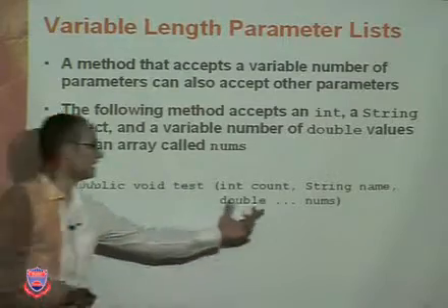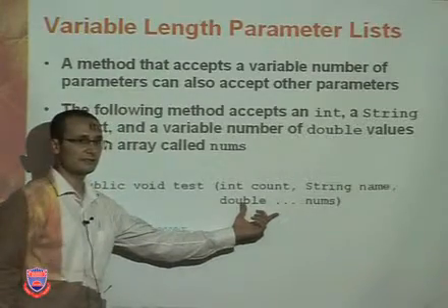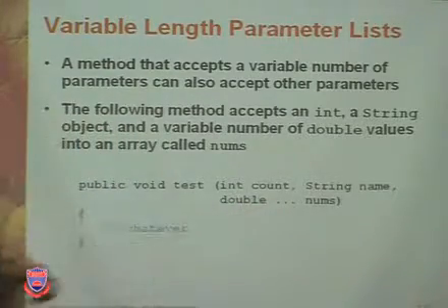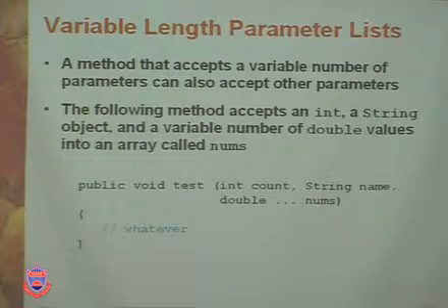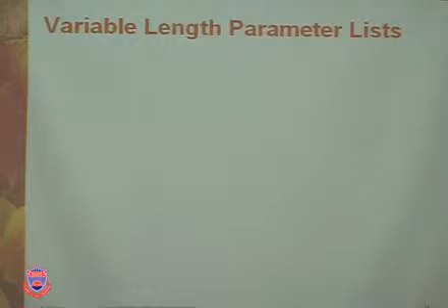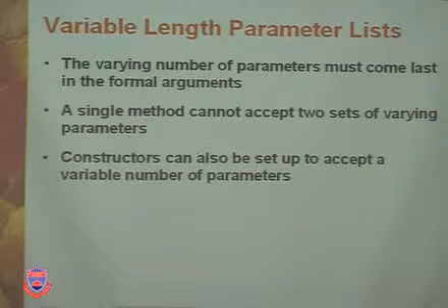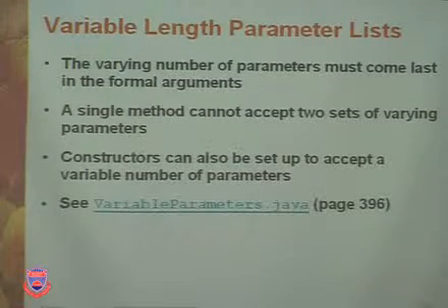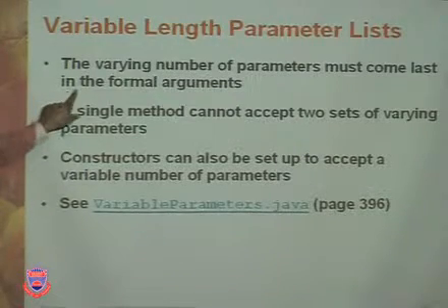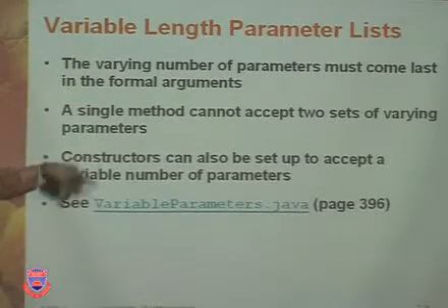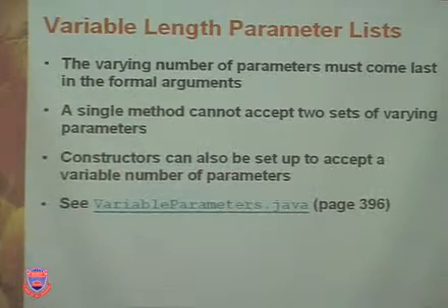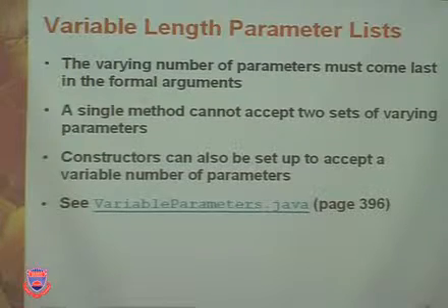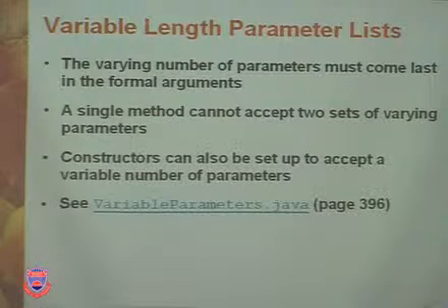So always put the variable length parameter at the end of the declaration, as the last argument in your method. The varying number of parameters must come last in the formal arguments, and you cannot have two sets of varying parameters. There's only one variable number of arguments you can have in one method declaration. So you can't have two of them at the same time.